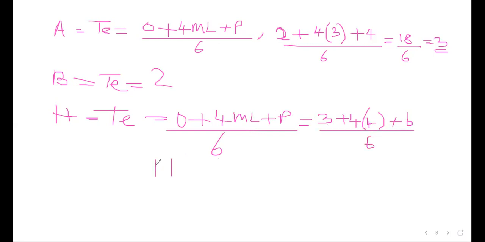So for our H, that is 3 plus 16, plus 6, which is giving us 28, because 4 by 4 is 16, so 28 over 6.